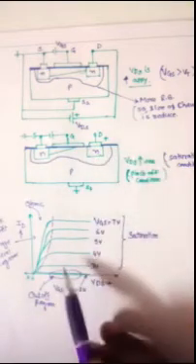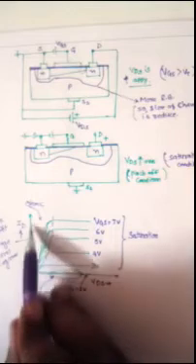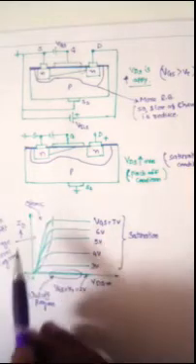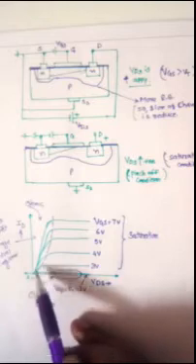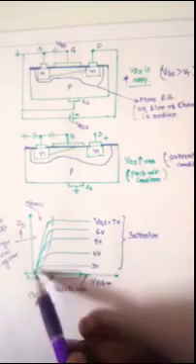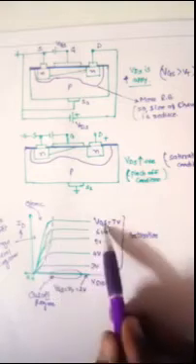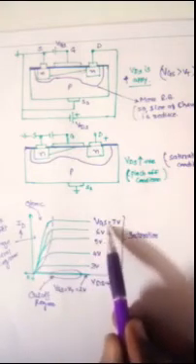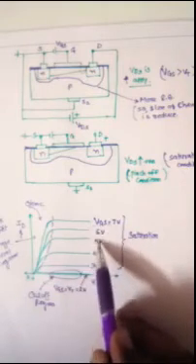As shown in the graph, we can see VDS versus ID. When we increase the value of VDS, ID increases sharply with respect to the voltage between gate and source. If VGS decreases, ID will decrease.